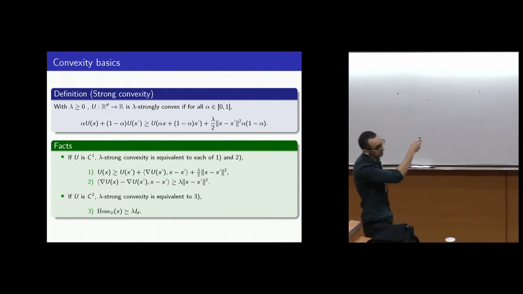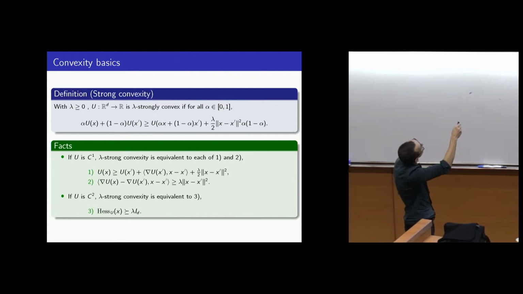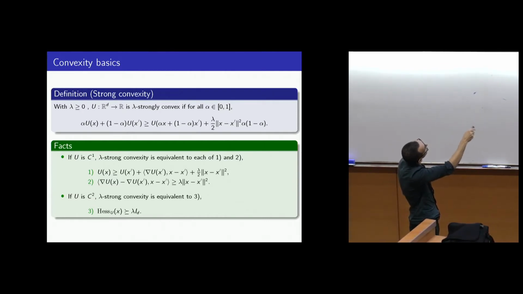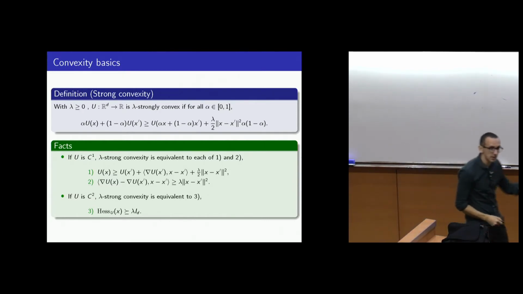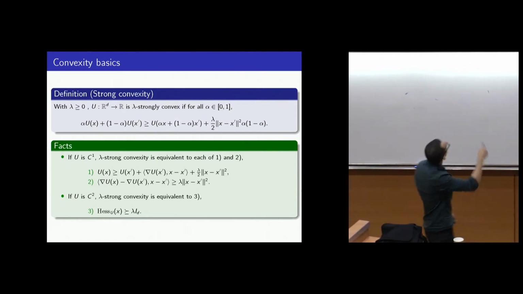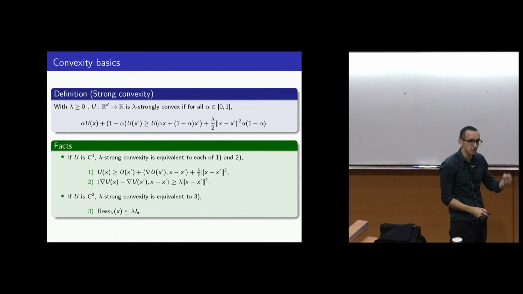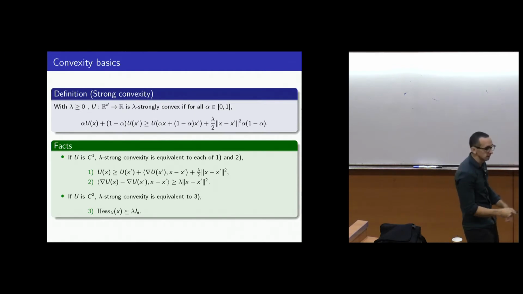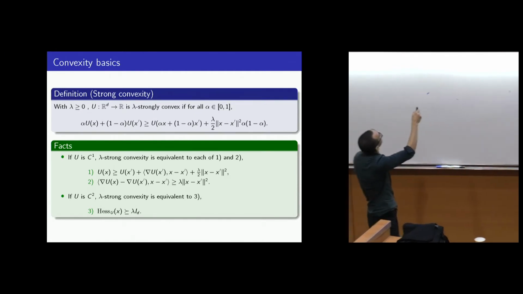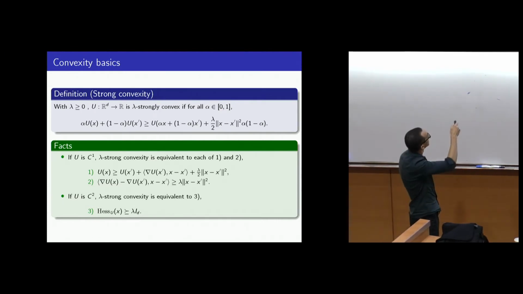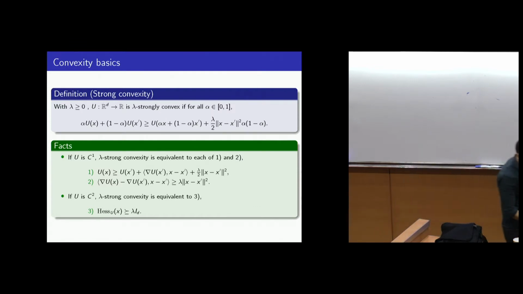You see that if U is differentiable, this condition is equivalent to making this approximation in a second order Taylor expansion of U, or equivalently, this approximation in a first order Taylor expansion of the gradient of U. If you can differentiate continuously twice, it's also equivalent to saying that all the eigenvalues of the Hessian of U are at least equal to lambda.